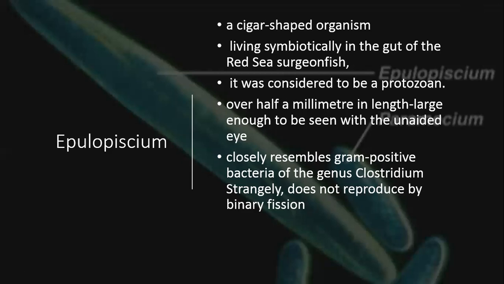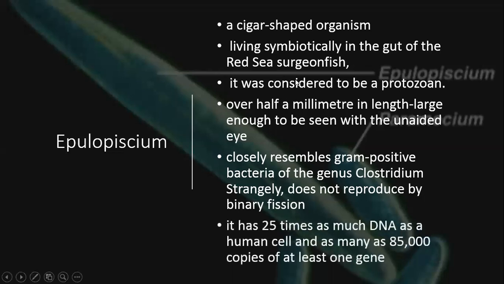So it should be discussed here, but it has some other properties which are very different from the bacterial domain. One such is that they do not reproduce by binary fission, which is a common mode of reproduction in bacteria. They do not reproduce by binary fission, and we have discussed it in the previous classes as well.